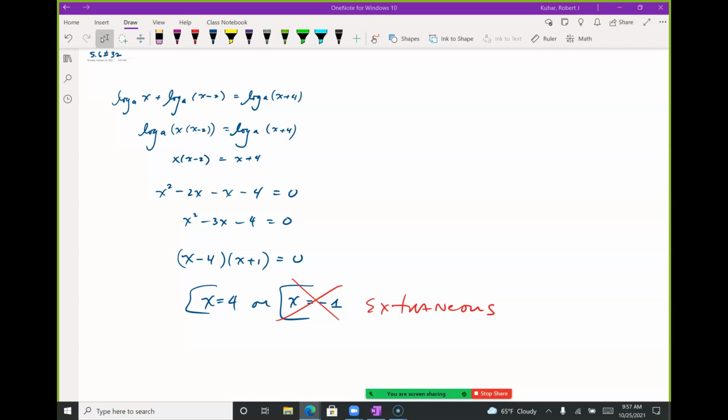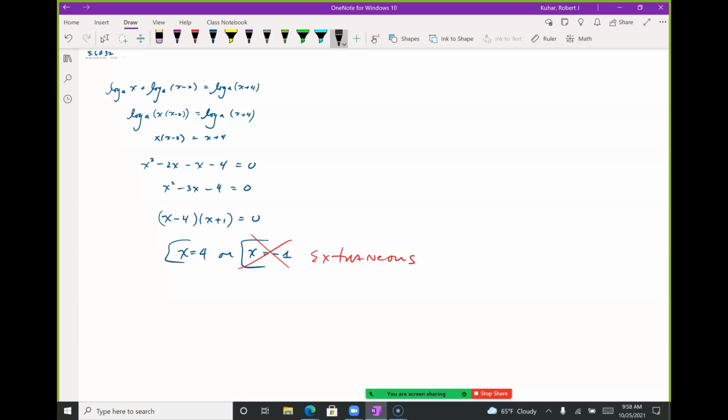Professor, I'm not clear with this. Why is x equals negative 1 excluded? Yeah, so I won't skip the step. I was just doing it in my head. Log base a of 4 plus log base a of 4 minus 2 equals log base a of 4 plus 4.